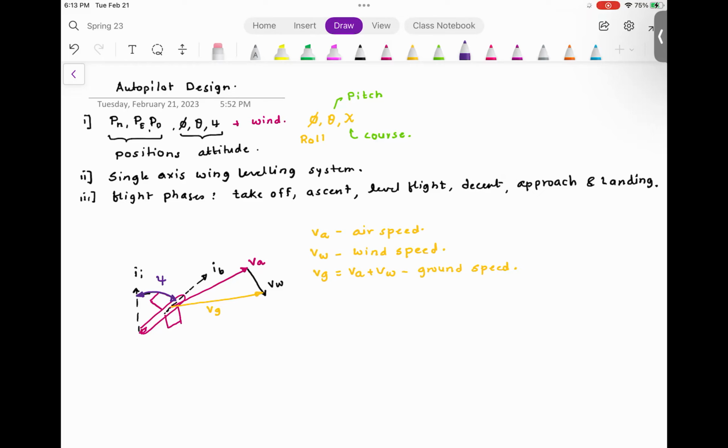So this is the value of heading. Now, the angle made by the body I axis with the airspeed is called beta, which is the side slip angle. So psi is heading, also called yaw. Beta is side slip.